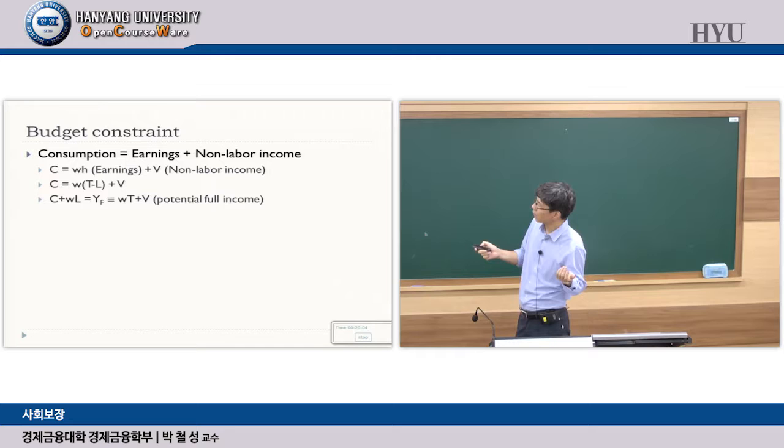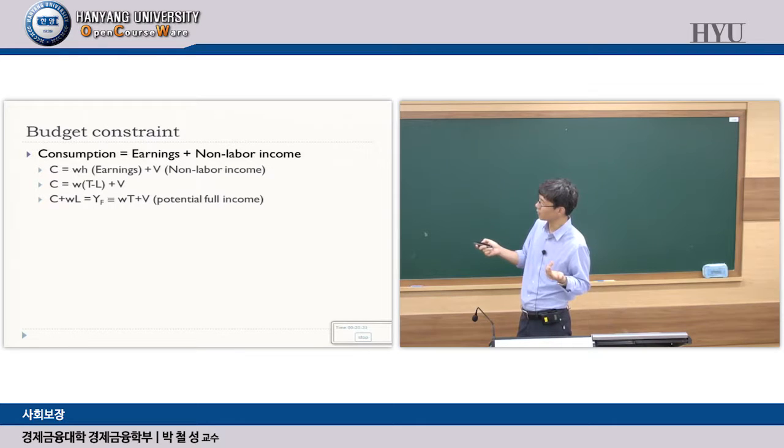Now, since H is just equal to T minus L, right, you can write it this way again. This one is easier than the other because in our indifference curve diagram, we have C and L, not C and H. So writing things down using C and L is easier than using H. Actually, it's the same, but anyway.